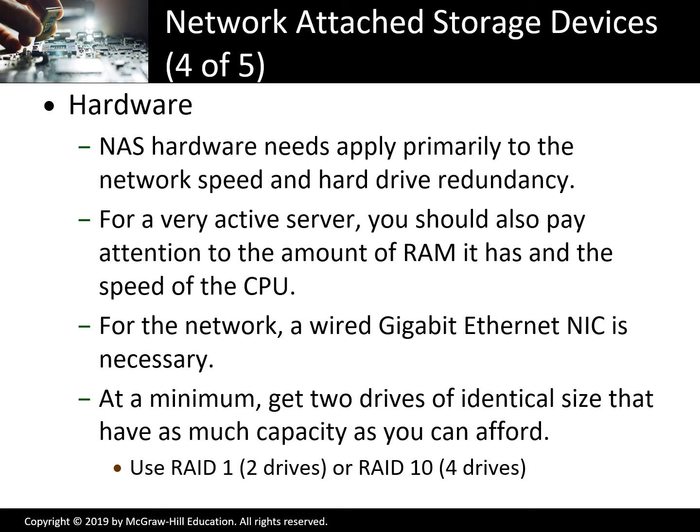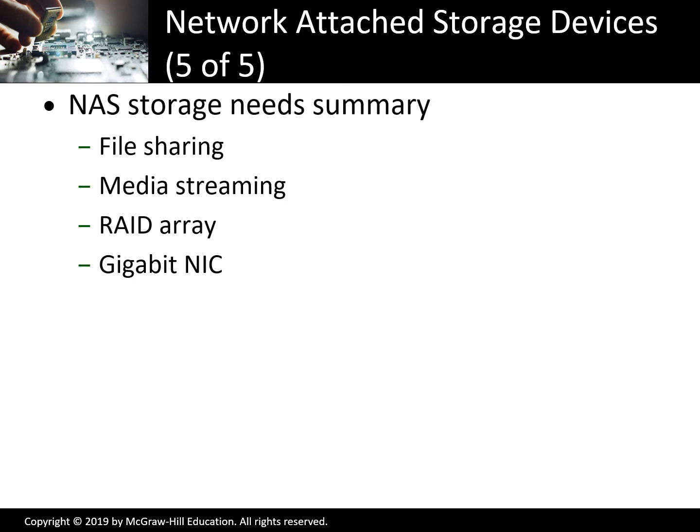And you're going to need, at a minimum, 2 drives for at least RAID 1, which is a mirror drive, and as much as 4 drives for RAID 10. Now, it needs to share files, it needs to stream, you have to have RAID, and you need high-speed internet capability.